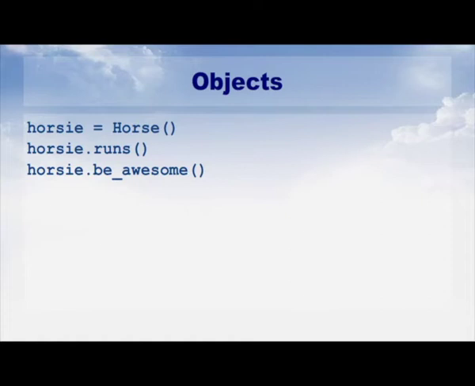Now, I use the dot operator and call the methods horsey dot runs open close parenthesis, then similarly horsey dot be awesome open close parenthesis. As you know, runs and be awesome are the two methods that we have already defined inside the horse class.